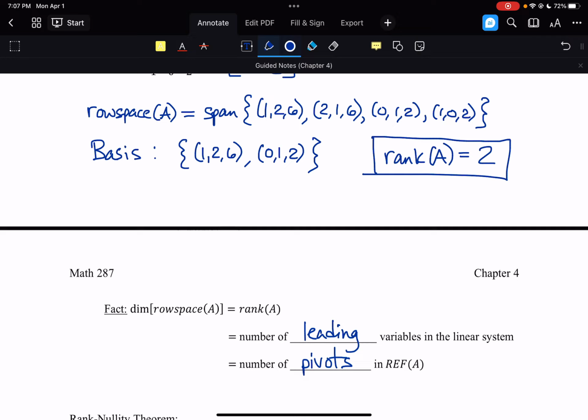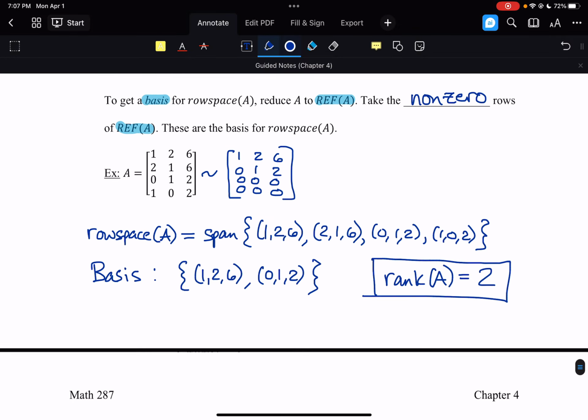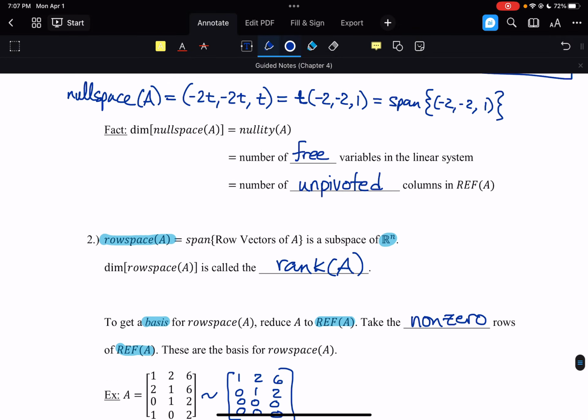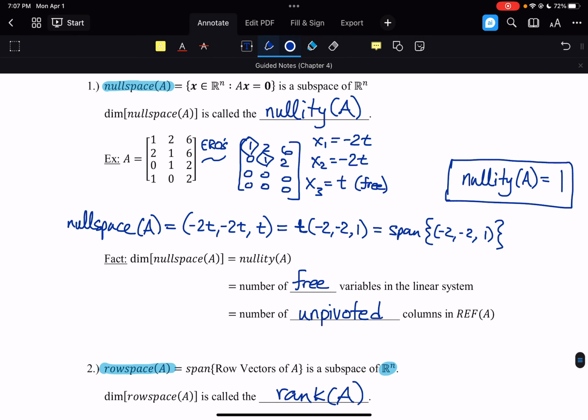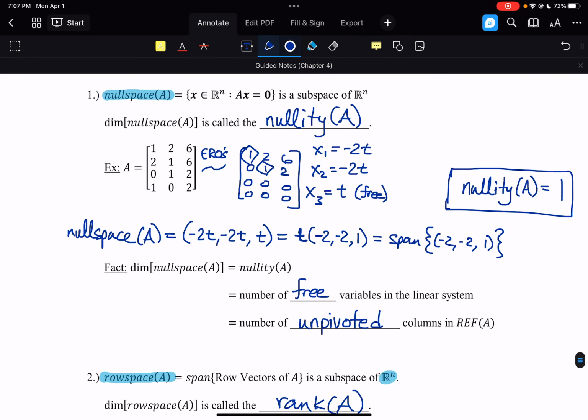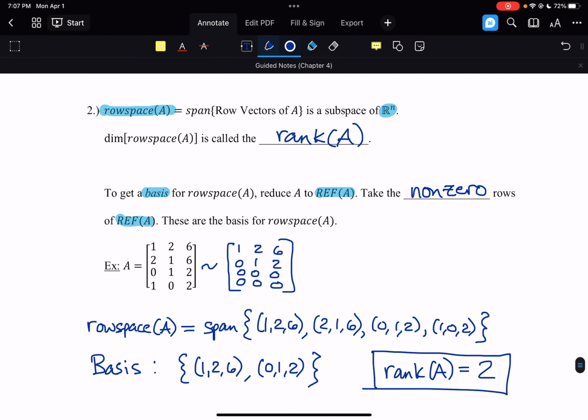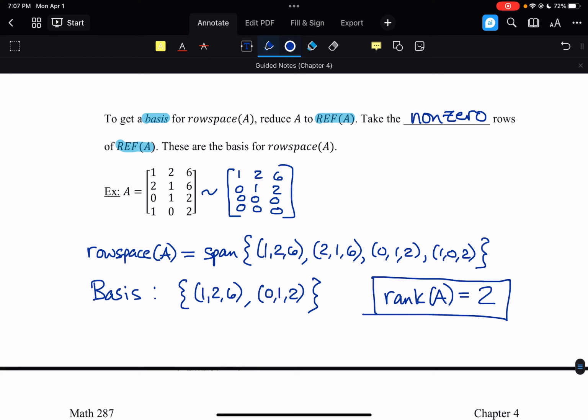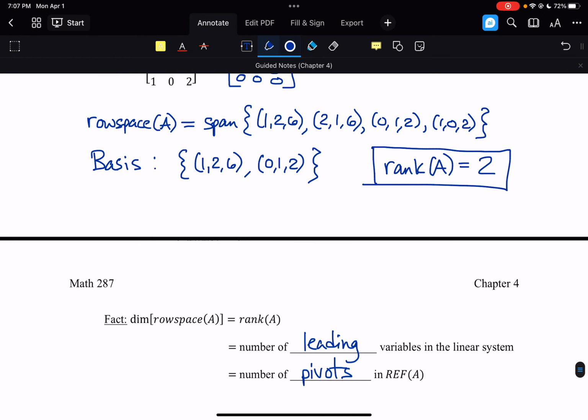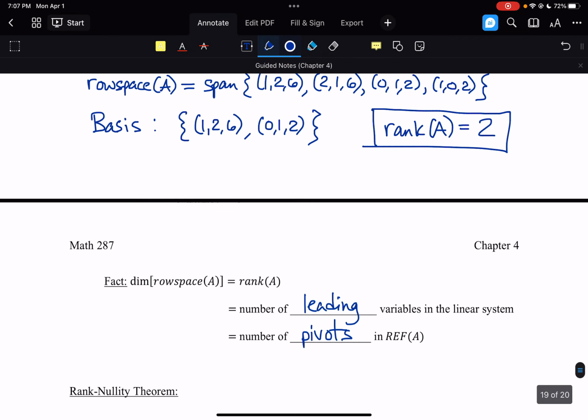So if we take these two concepts together, we've been looking at the same matrix so far, we found that the nullity, the dimension of the null space, was based off of the number of free variables or unpivoted columns. The dimension of the row space, or the rank, is based off of the number of leading variables or number of pivoted columns in row echelon form.